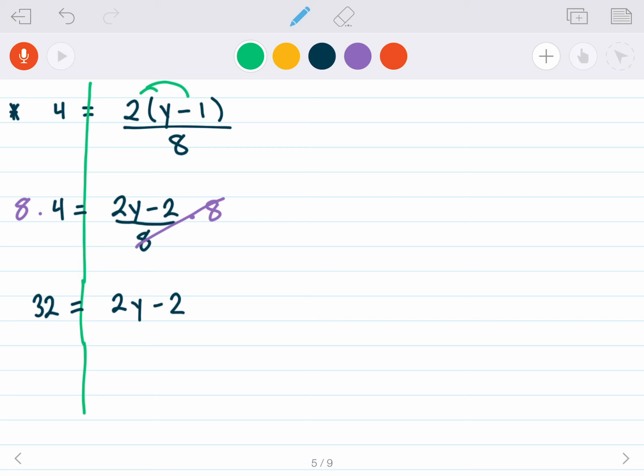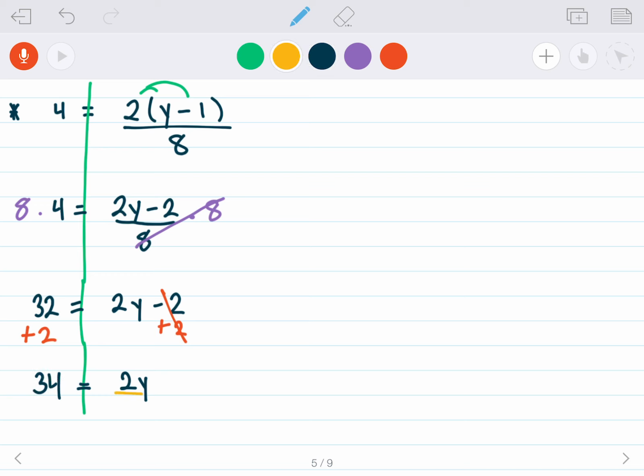You can't just get the variable alone by doing whatever you want. You have to use the rules of math and arithmetic to get there. So the rules of math say on the right side, if I add 2 to both sides, that keeps the scale balanced. And that's what I want to do to get rid of the negative 2, because negative 2 plus 2 is 0. And I get 2y on the right equals 32, and 2 make 34 on the left.